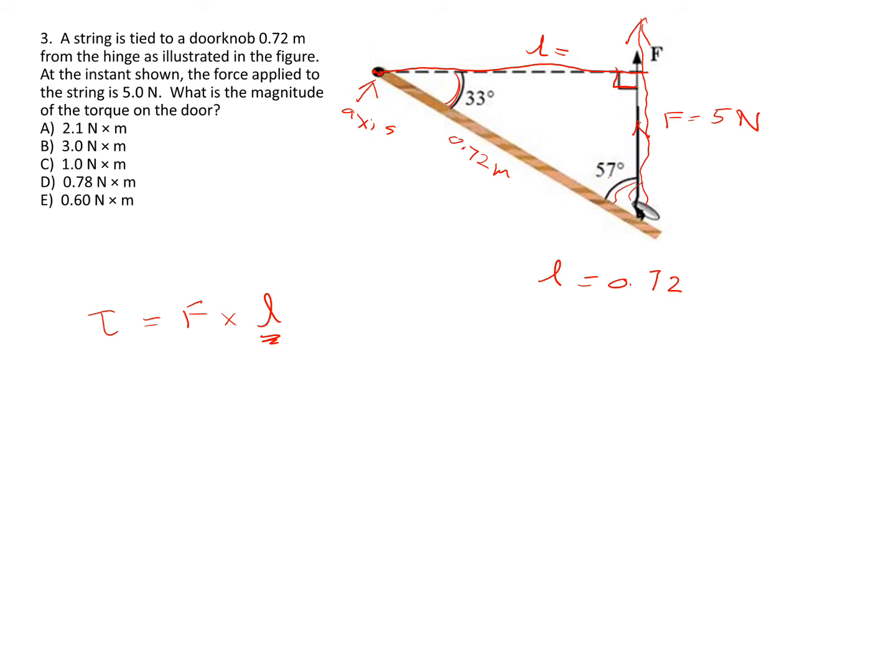If you use this angle, then 0.72 is the adjacent, so L equals 0.72 cosine. You will get the same answer if you use cosine 33 or sine 57, because these two are equal. So you can use one of these L values, and F is 5 Newton, and you can calculate the torque.